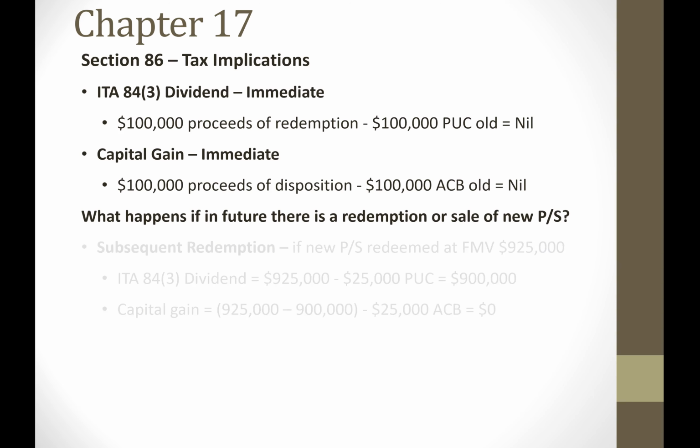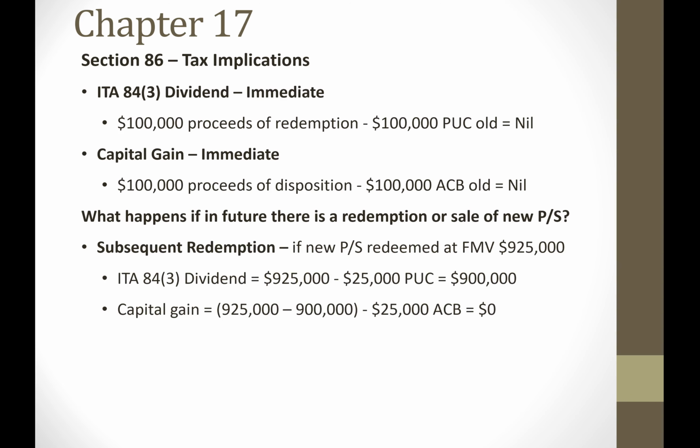So let's say in the future there's a redemption of the preferred shares for 925,000. So let's say the corporation redeems the preferred shares from Shirley in the future for, let's say, 925,000. First of all, there's going to be a deemed dividend.